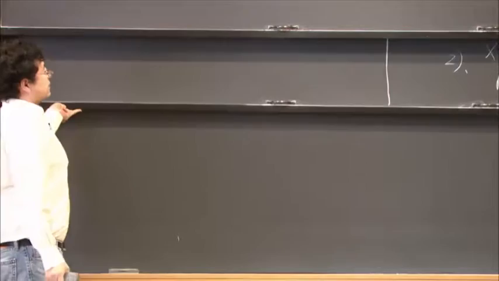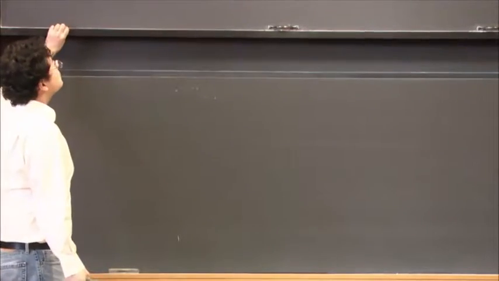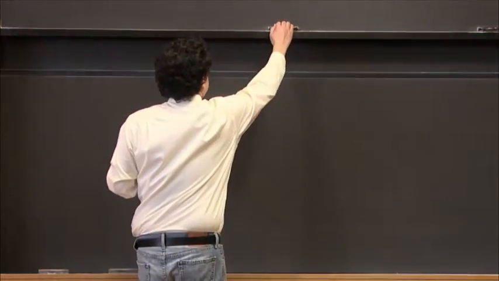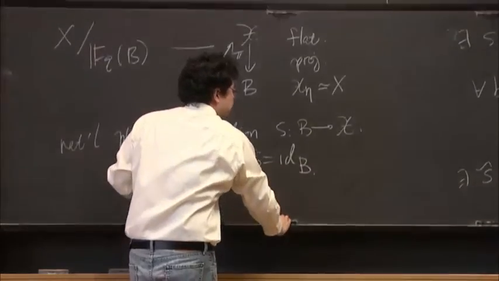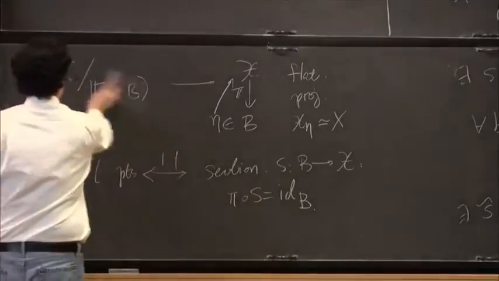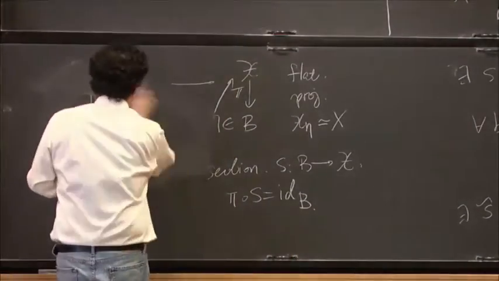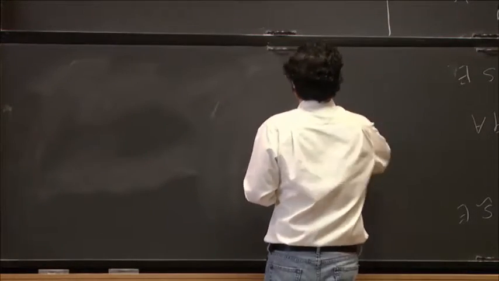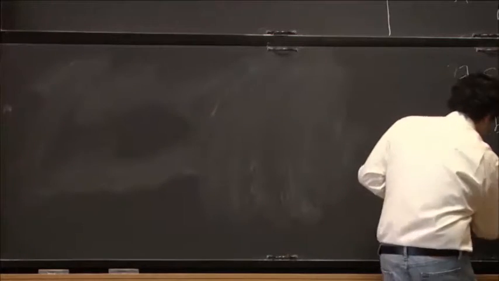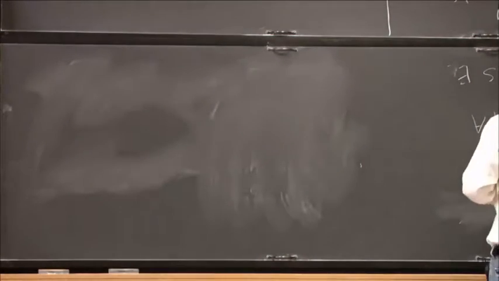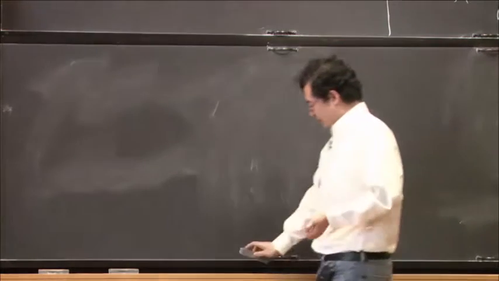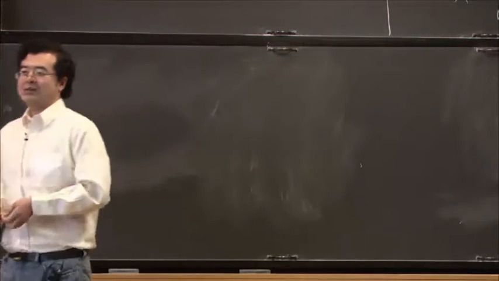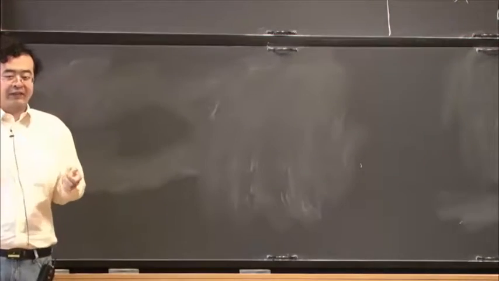Maybe let me start with this board. The first question you want to ask is, what kind of property will give you a rational point over a finite field?